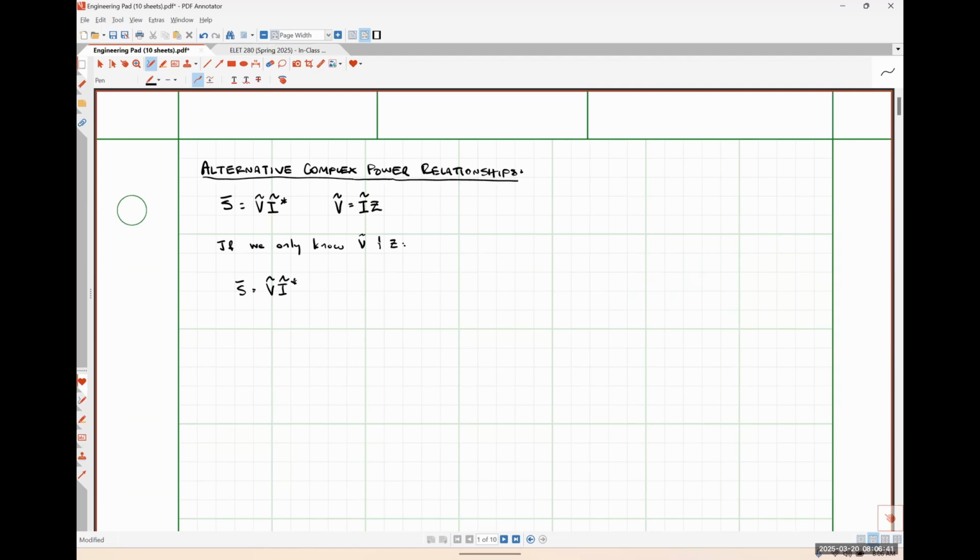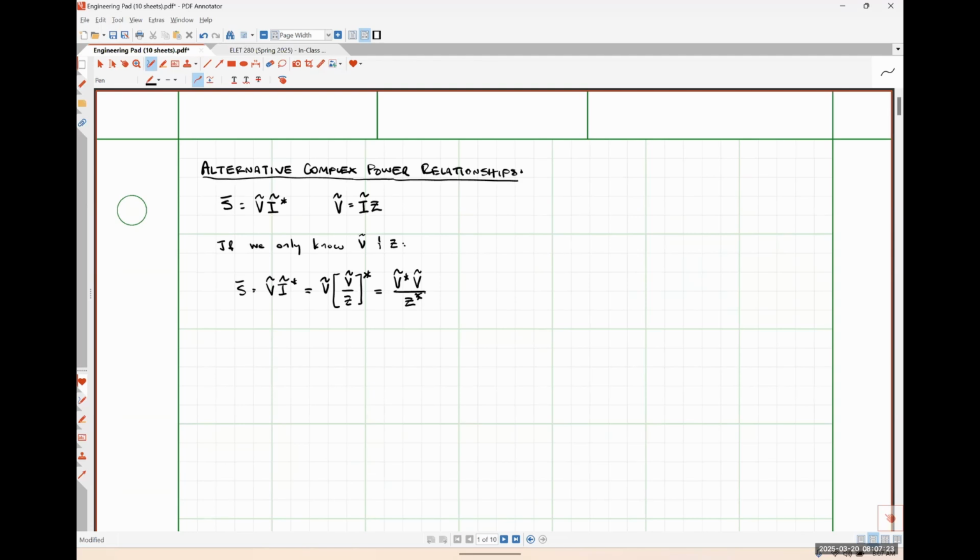So instead of having V is equal to I times Z, we would have I is equal to V over Z, and we can substitute that in. So that would look like V times V over Z, conjugate. Well, when I conjugate a fraction, that is the same thing as me taking the conjugate of the numerator and the conjugate of the denominator. So I'm going to write this out a little bit further as V conjugate times V divided by Z conjugate.